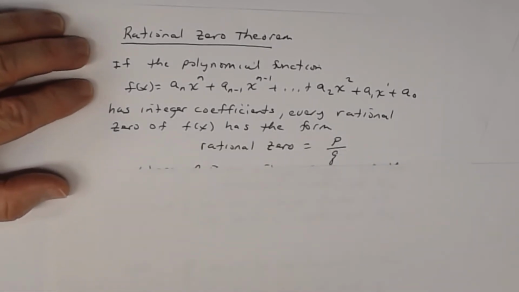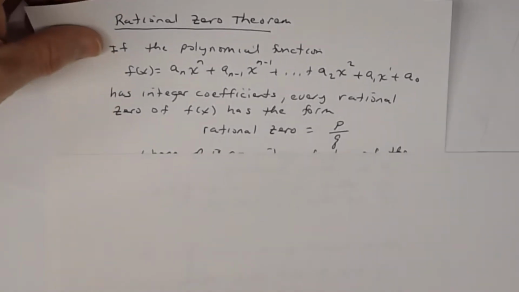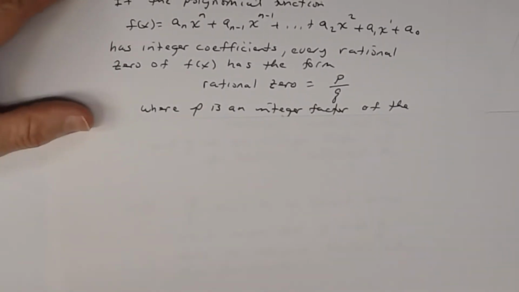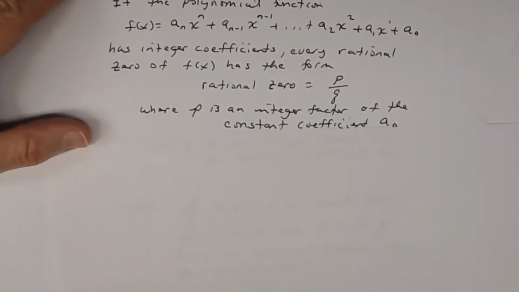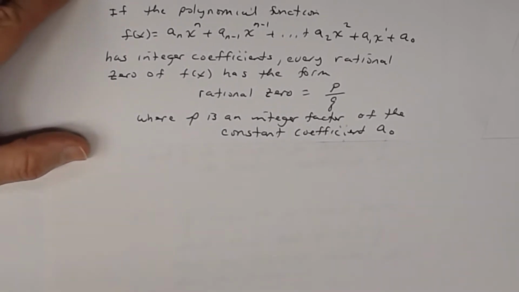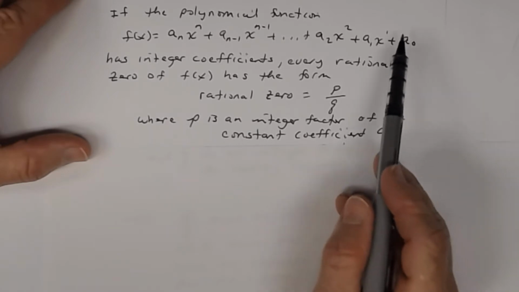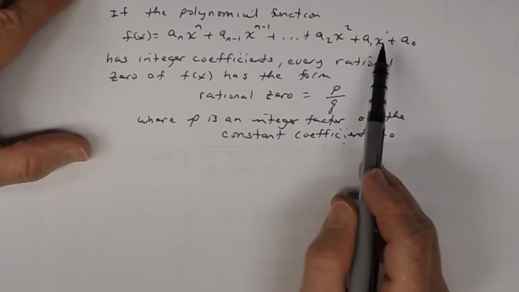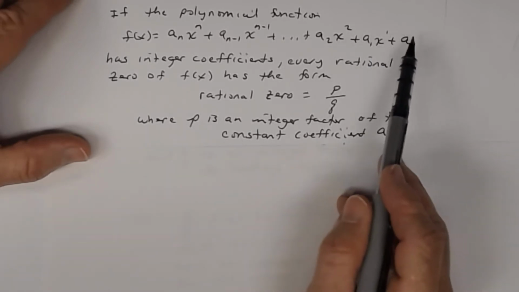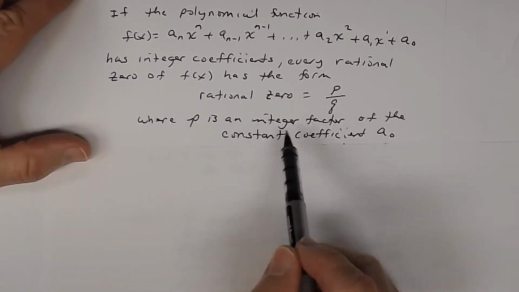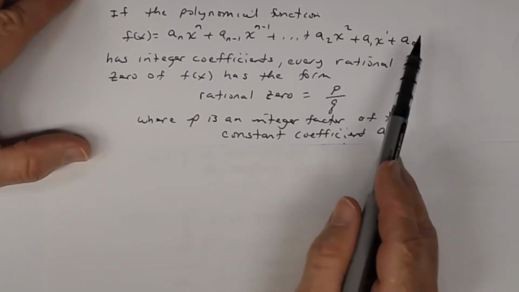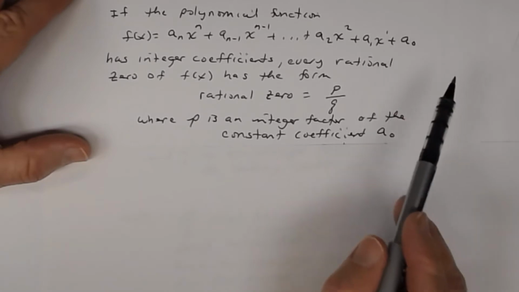P divided by Q, where P is an integer factor of the constant coefficient. Remember, your constant coefficient is the one that doesn't have a variable with it. So whatever your constant is, P would be an integer factor of this number.